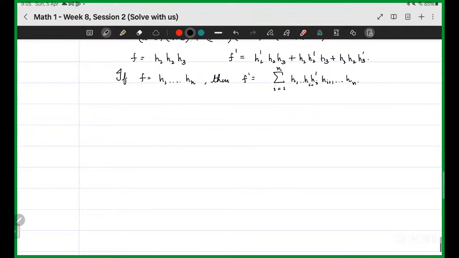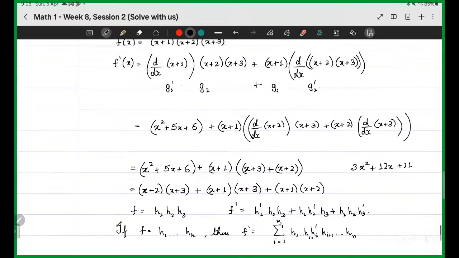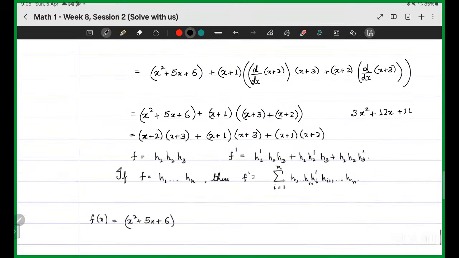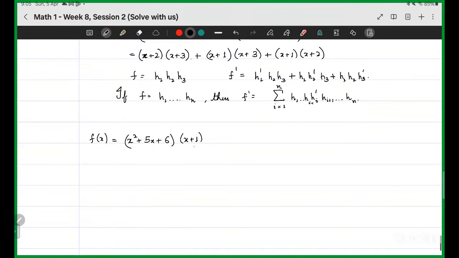The other way is to expand out the function. What was the last function? It was just 1, 2, 3. So this is x cubed plus 6x squared, and the x term will be 5x plus 6x, 11x, plus 6.